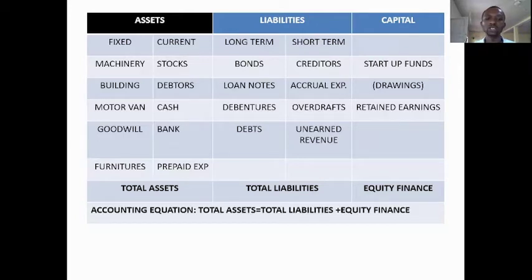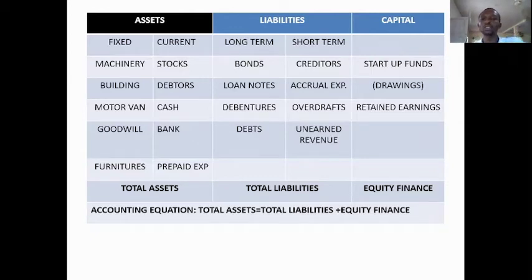All of that forms your equity finance. Now, the accounting equation. We said earlier that total assets equals total liabilities plus total equity finance. So when we put all of these things together, all of this will make total assets. When we see the format, you see how they are placed side by side. You have assets on one side, and liabilities and equity finance on the other side.